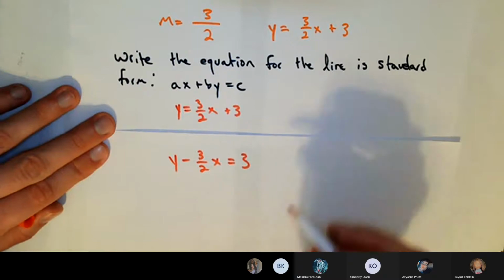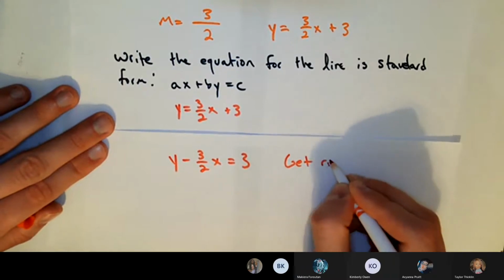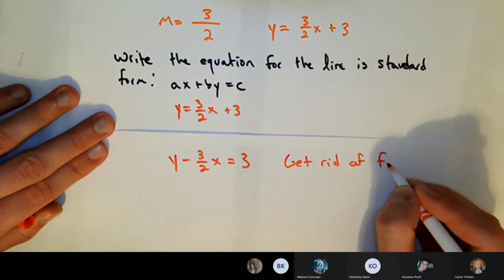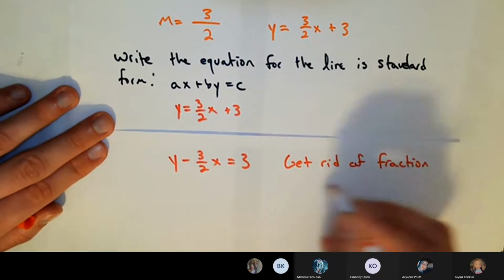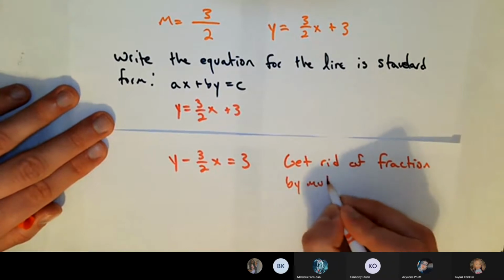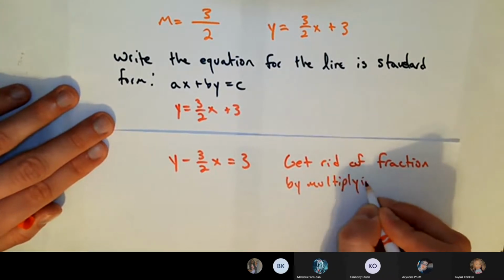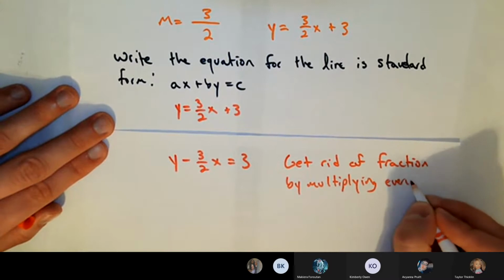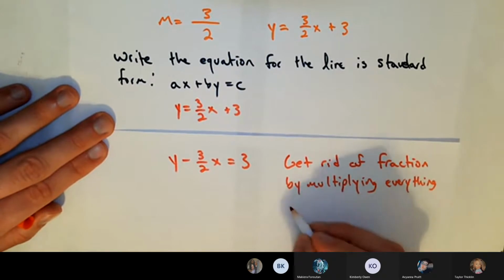I'm also going to try to get rid of the fraction. If there are fractions here, we want to get rid of them. And how do I do that? By multiplying everything by the denominator.